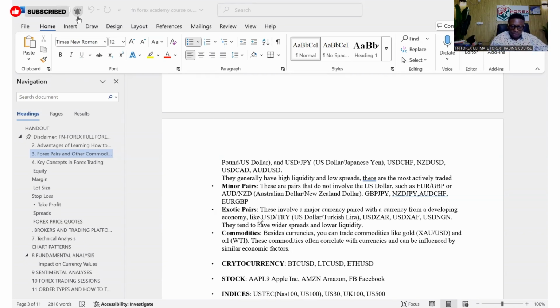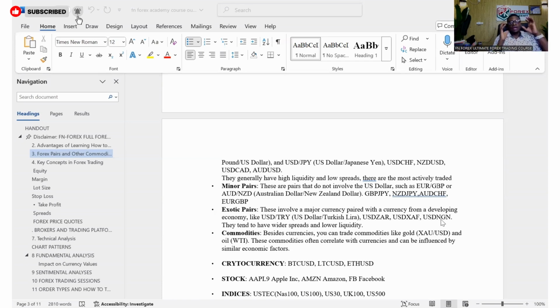Some examples of the exotic pairs: we have USD TRY, that is the USD versus Turkish Lira. We have USD ZAR, USD versus South African Rand. We have USD XAF, that is USD versus the Central African CFA franc. We have USD NGN, that is the USD versus the Nigerian Naira, right?